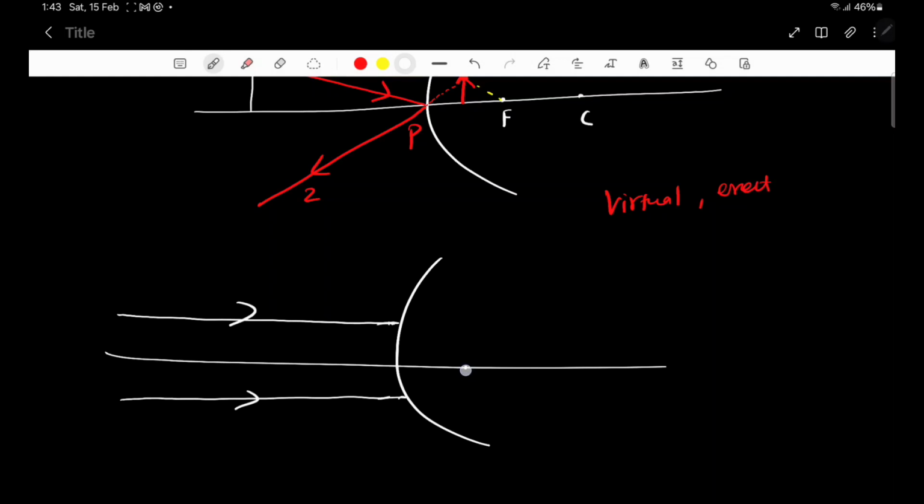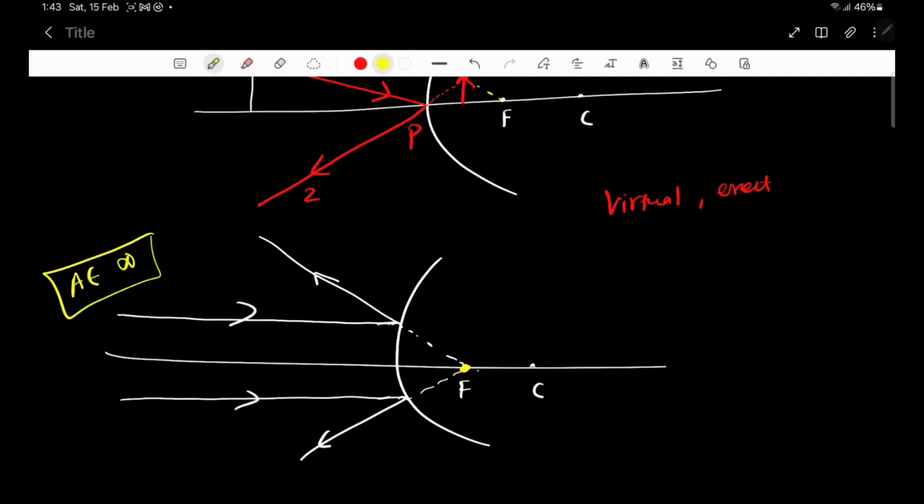So these light rays after getting reflected seem to be coming from the focal point. So the image is going to be formed exactly at the focal point itself. If the object is placed at infinity, the convex mirror is going to produce the image exactly at the focal point, and the finally formed image is going to be point sized.